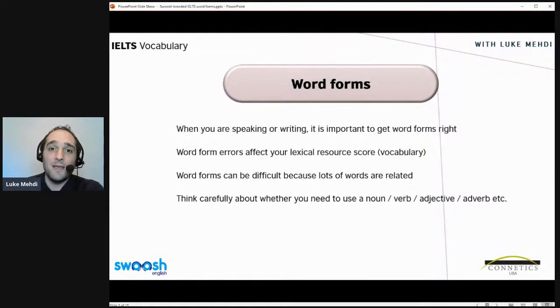So be really, really careful with them. The word form error itself is a lexical resource error, but if you have whole sentences which don't have a verb, for example, because you're only using noun forms, that would affect your grammar. So you've got to be a bit careful there.